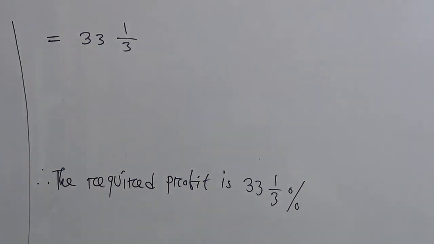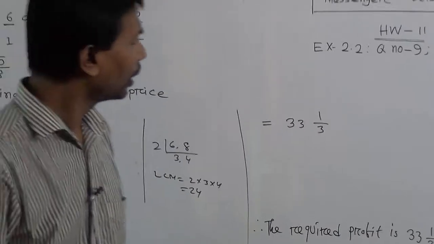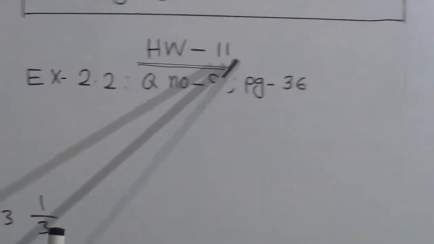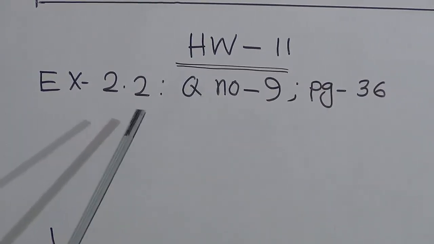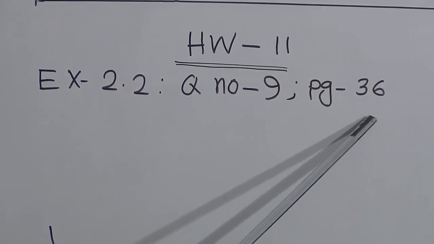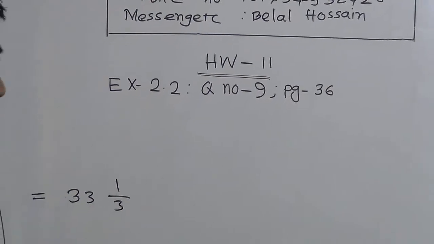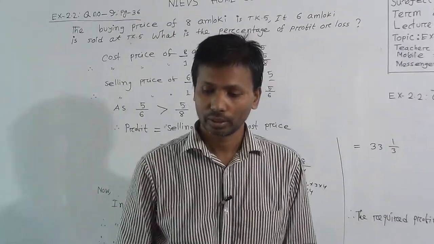Dear student, hope you understood our discussion. Now come to the point. This is our SW number 11, exercise 2.2, question number 9 and page number 36. Okay, page number 36, question number 9. This is your Hossain SW.